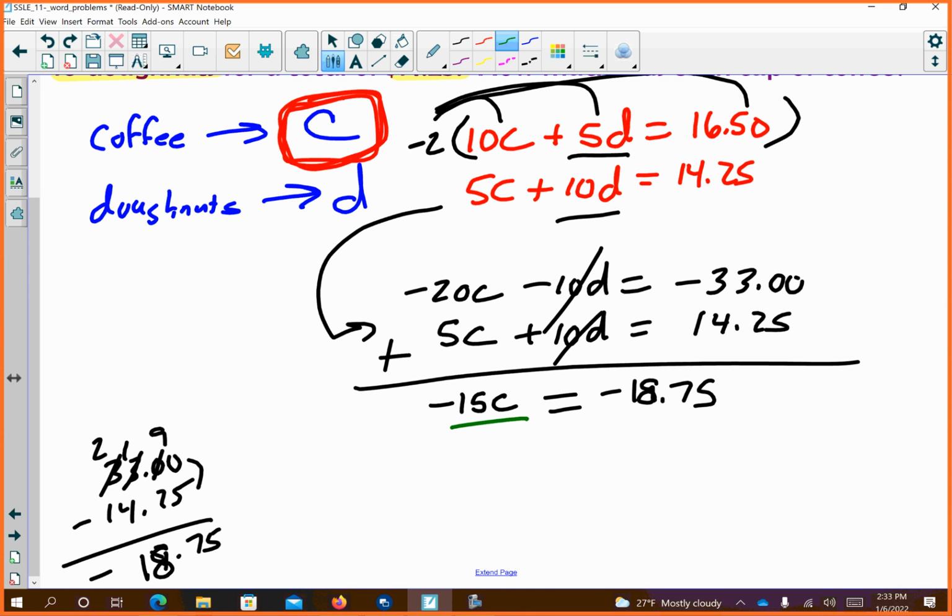So then I'm going to divide each side by negative 15. So negative over negative I know is positive. So what is 18.75 divided by 15? It's 18.75 divided by 15.